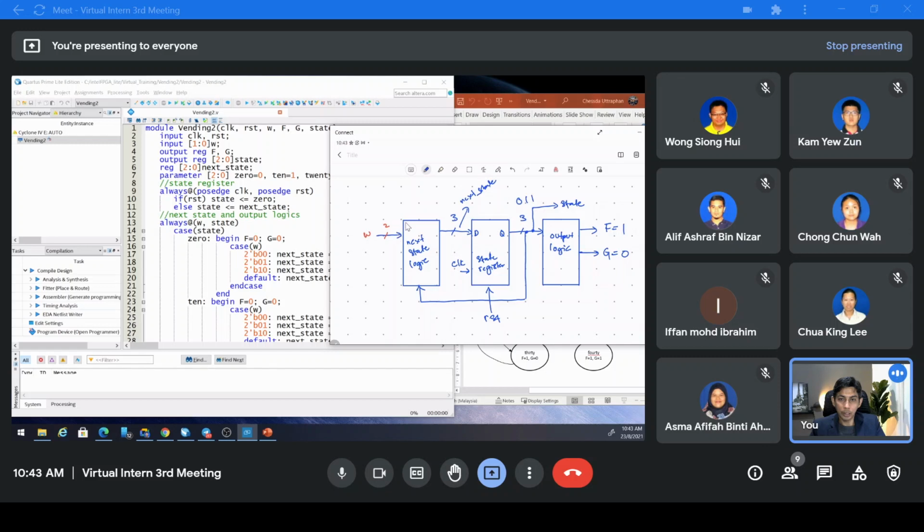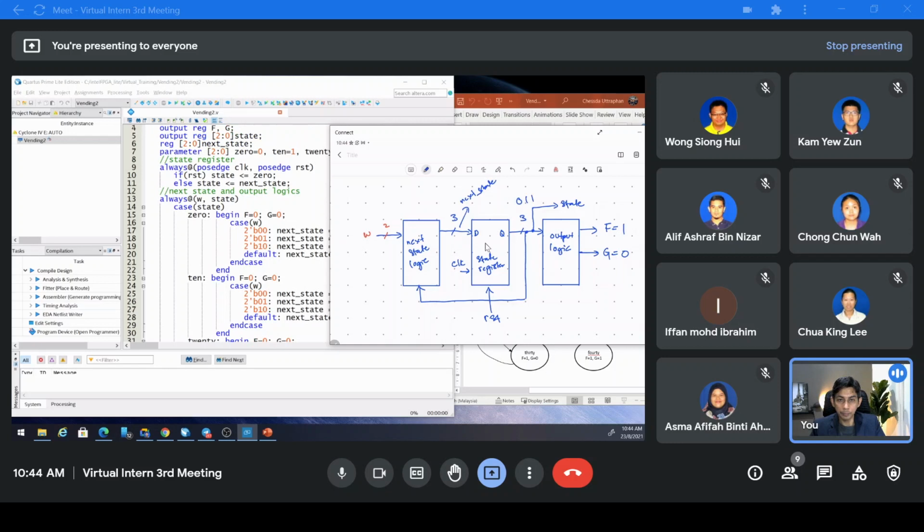Now we want to create these two logic blocks. You can create them separately, or you can combine these two, because both are combinational circuits, and they are actually connected, right? So in this case, I combine these two. I name this part next state and output logics.